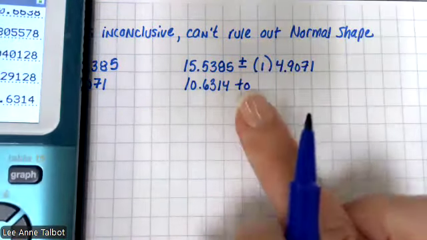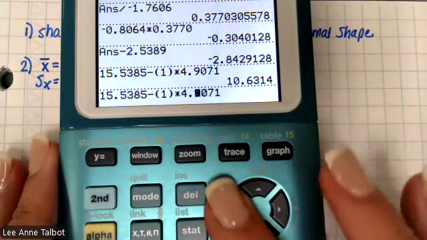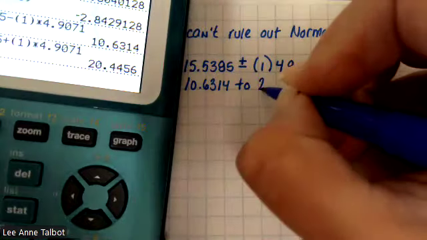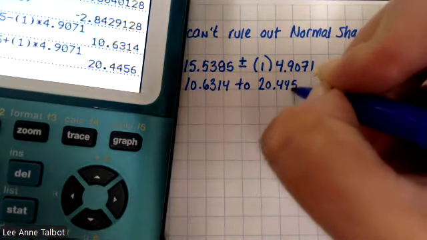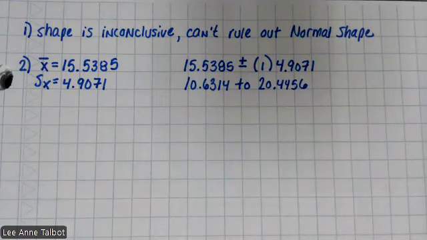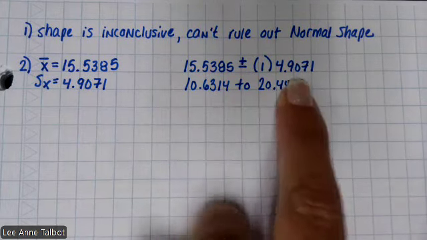And then you write the word "to". And then I'm going to scroll up and paste and change that to a plus. That's how I get my plus and minus. Do you guys all see how I did that in the calculator? I did the minus first, got this number, and then I did the plus and got this number.